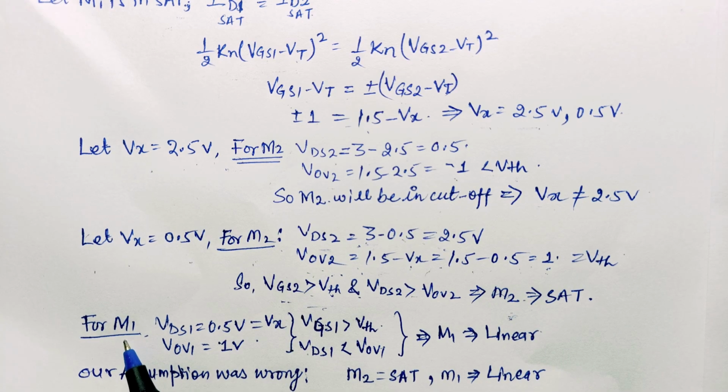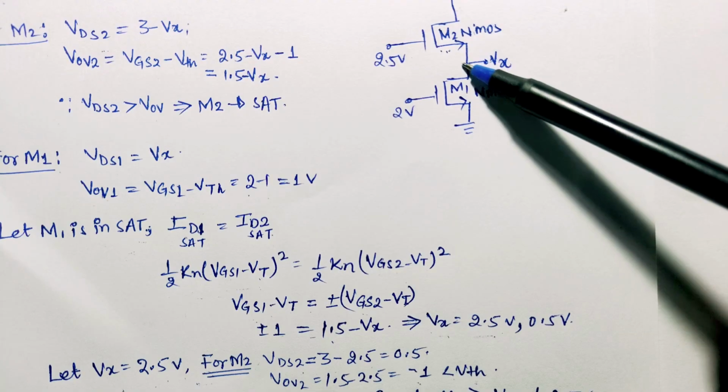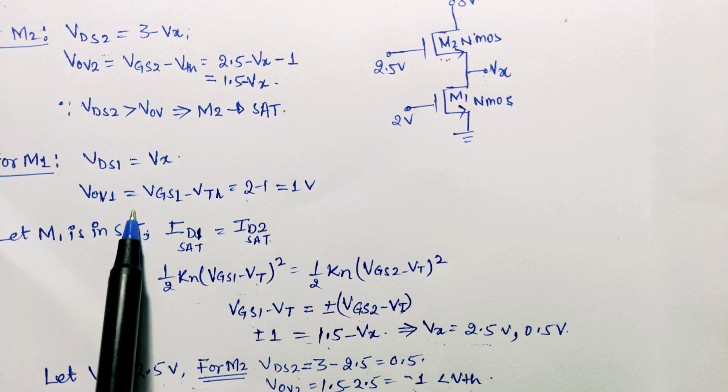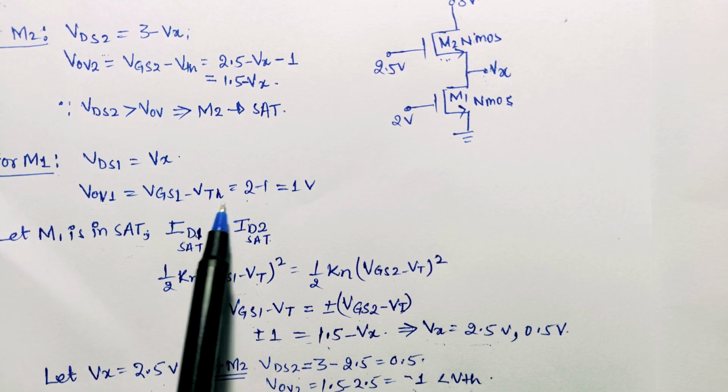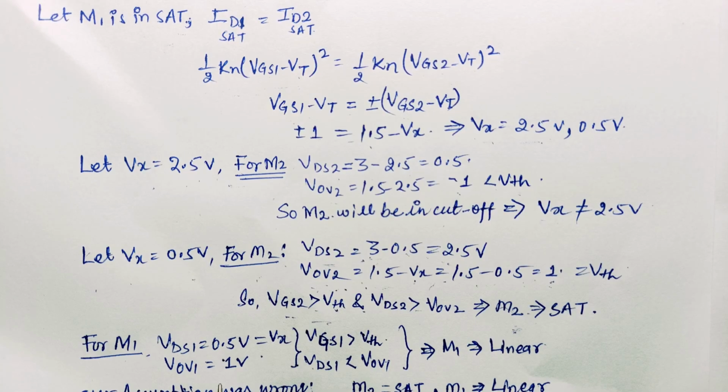For transistor M1, VDS1 can be written as 0.5 volt, that is Vx. Here we can see in the circuit that VDS1, the drain to source voltage, is equal to Vx. Overdrive voltage is written as VGS minus VTH, 2 minus 1, which is equal to 1 volt.